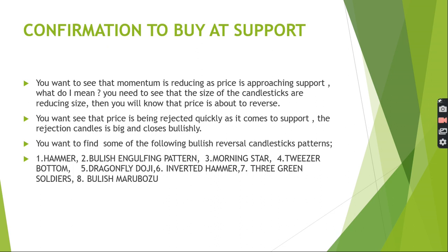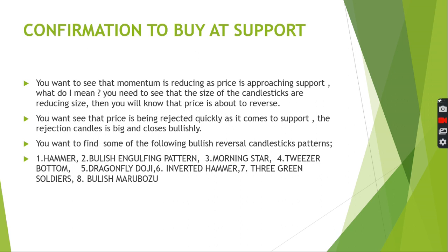You want to see the size of those red candles reducing as price comes to support, and that will tell you that price is most likely to reverse because momentum is losing. When momentum is losing, it might mean that the sellers are taking their profits off, which means the buyers will kick in and take the price higher.